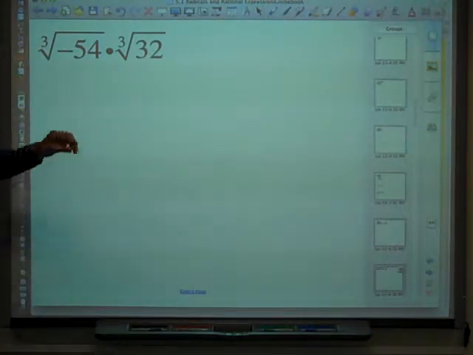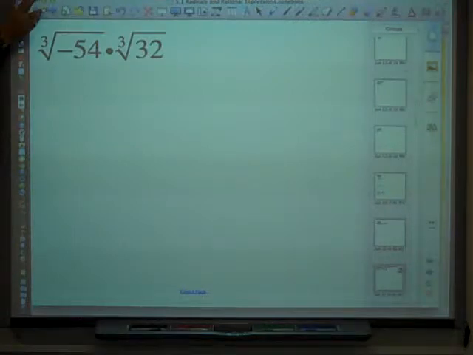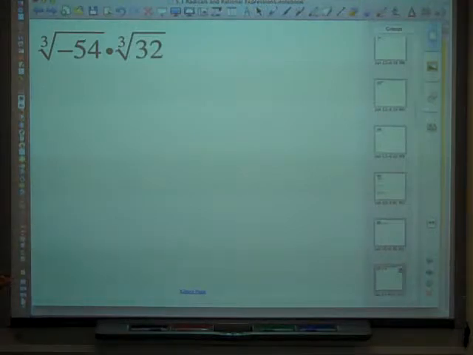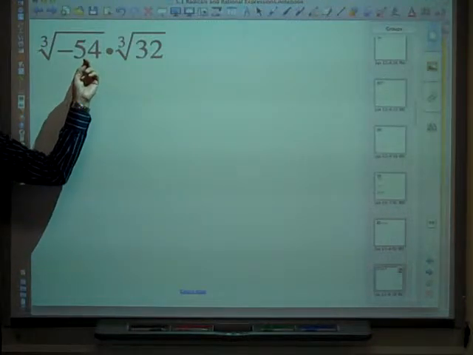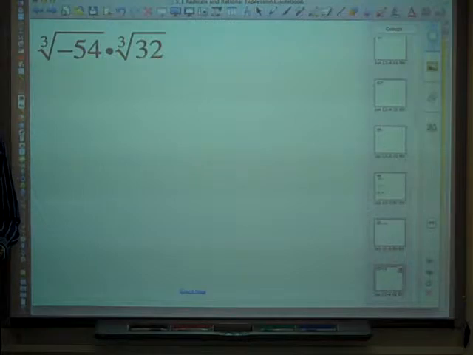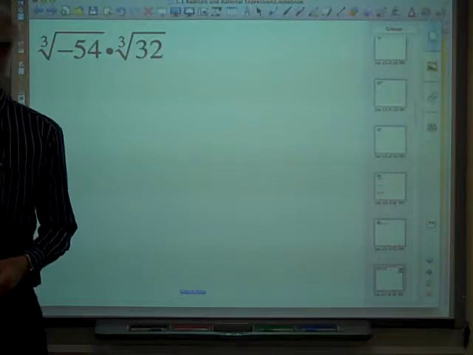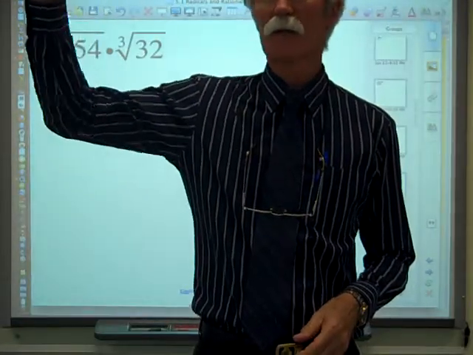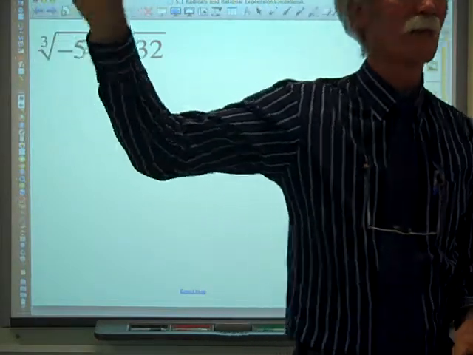In my day, of course, we would have done it with a calculator. Can you guys even do 54 times 32 without a calculator now? You could? You could, but it'd be a pain in the neck. How many of you can still multiply like that? You can make a good try at it. About half?